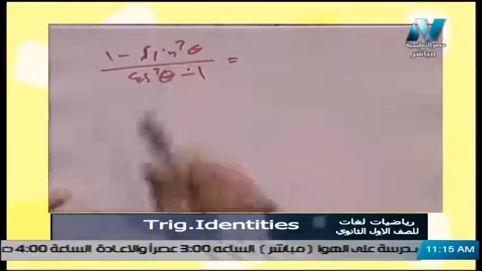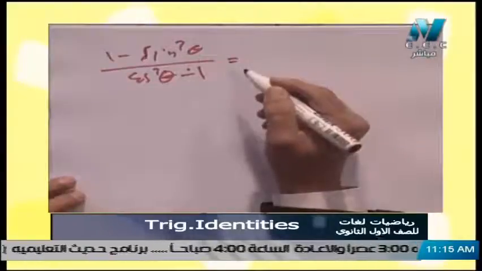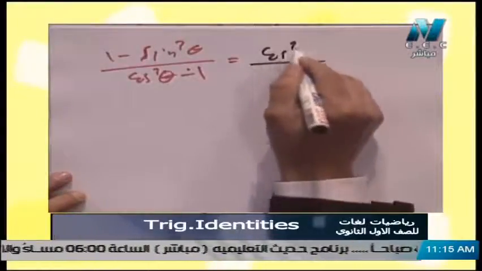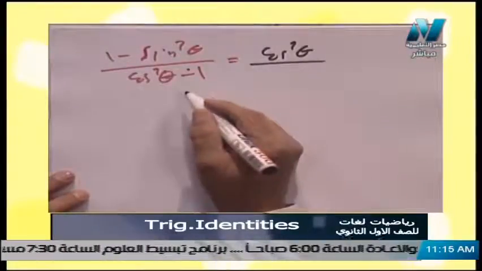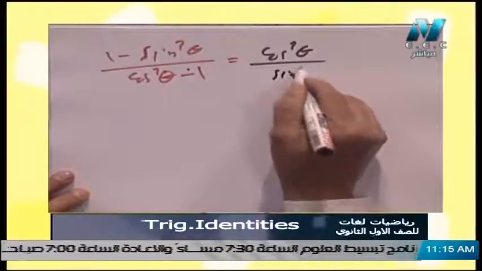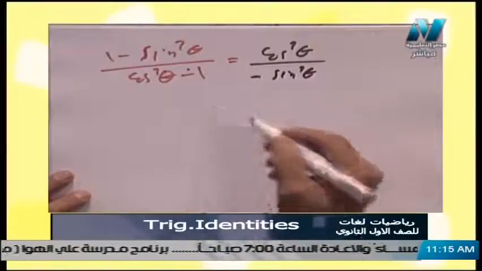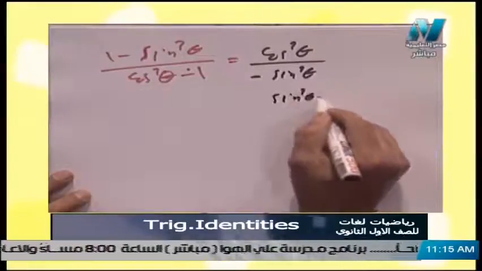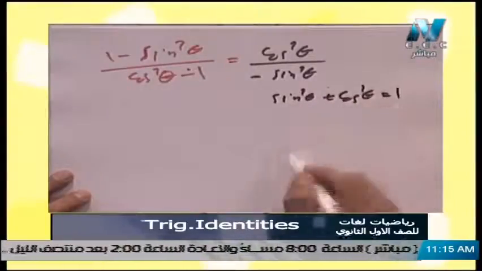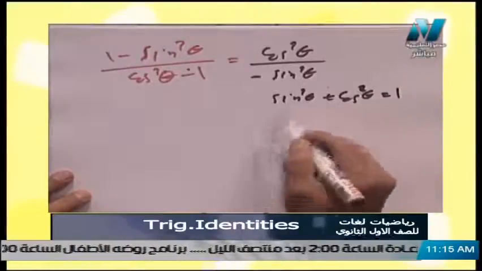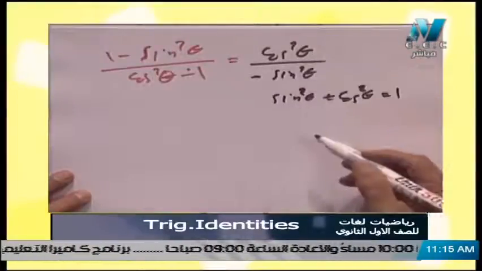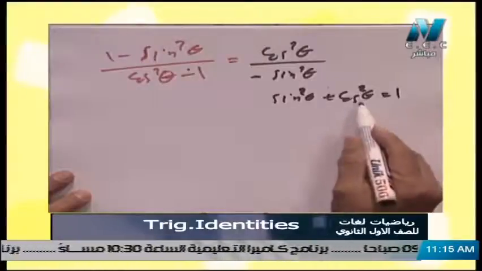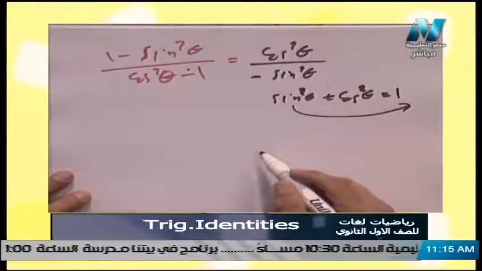Okay, we know that 1 minus sine power 2 theta means cosine power 2 theta, and cosine power 2 theta minus 1 equals sine power 2 theta but negative, from where we know that sine power 2 theta plus cosine power 2 theta equals 1 from the first Pythagorean rule, and 1 minus sine power 2 theta equal cosine power 2 theta as we said, and cosine power 2 theta minus 1 will be negative sine power 2 theta.